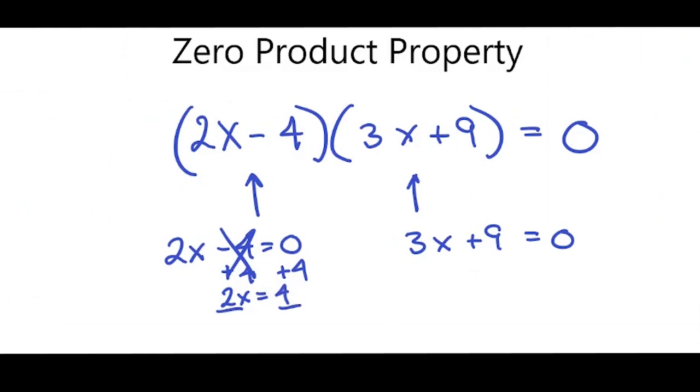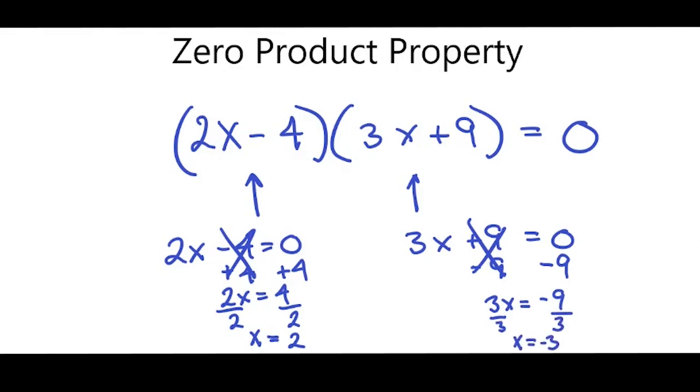I will divide both sides by 2, and x equals 2. On the second equation, I will subtract 9 from both sides first, and I will cancel those 9's. I'm left with 3x equals negative 9. So I'll divide them both by 3, and x equals negative 3.